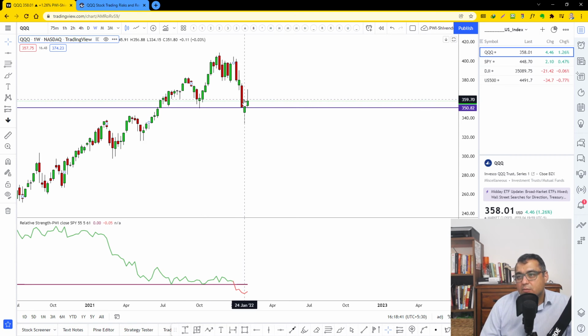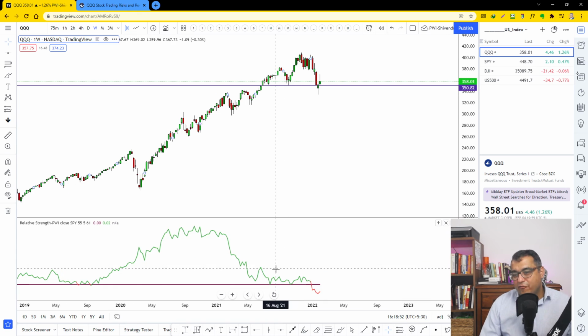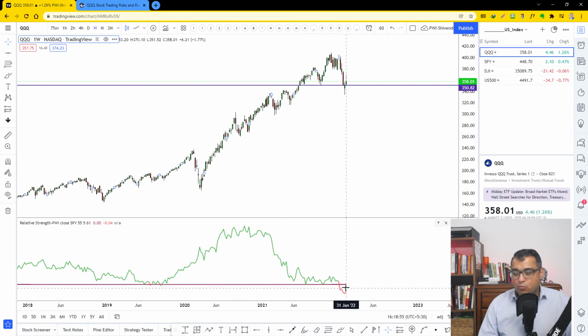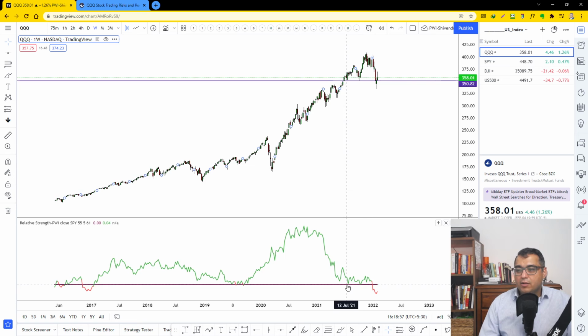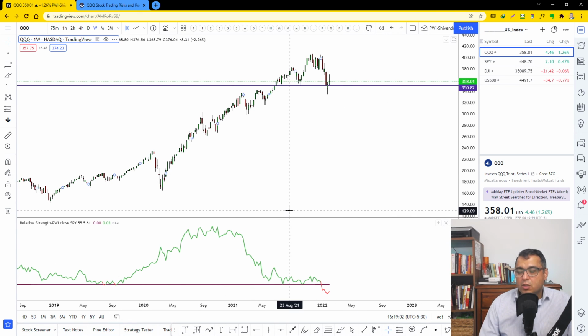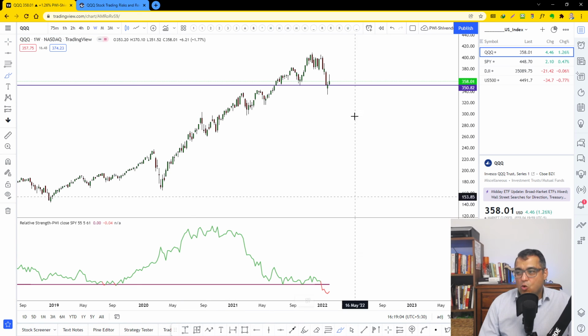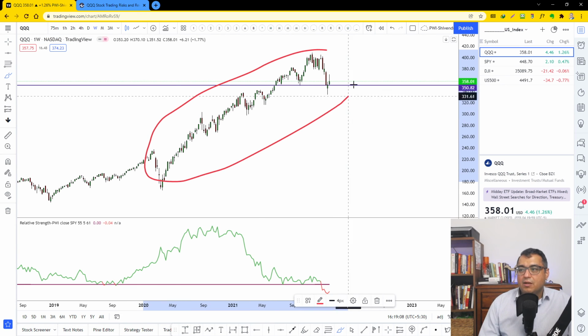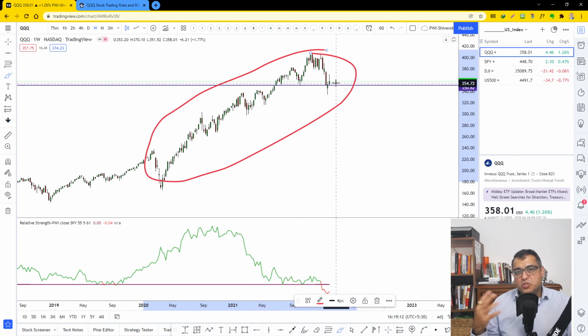I would say it closed below that a little bit, and then there was strong buying. But it's underperforming against SPY, which is one thing you have to make a note of, and the S&P 500 is performing better. But we had a huge rally, thanks to the information technology stocks, the likes of Amazon and Google.